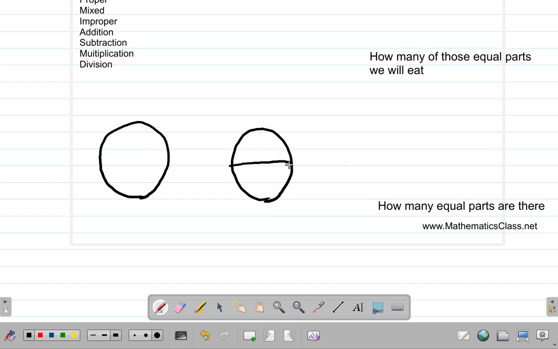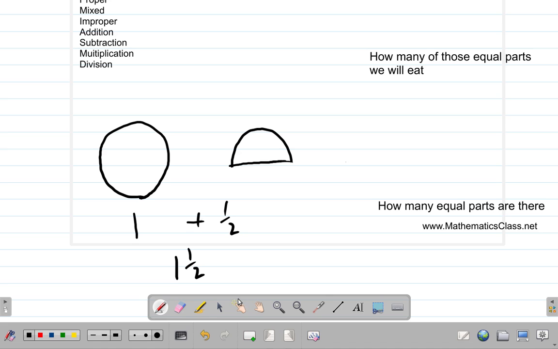Then I choose to eat one bulla, and this of course is half a bulla. No, this is 1 plus half. You can rewrite this as 1 and a half, because you have 1 bulla here and a half bulla, 1 and a half.